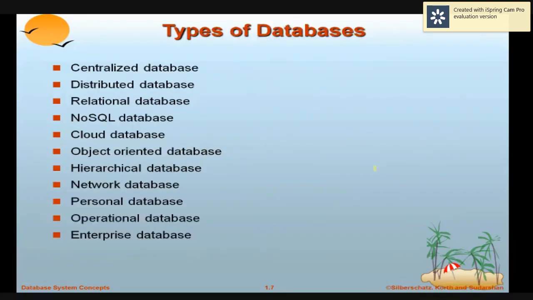So how many types of database do we actually have? You can see many types of databases on the screen, like centralized database, distributed database, relational database, NoSQL database, cloud database, object-oriented database, hierarchical database, network database, personal database, operational database, and enterprise database.